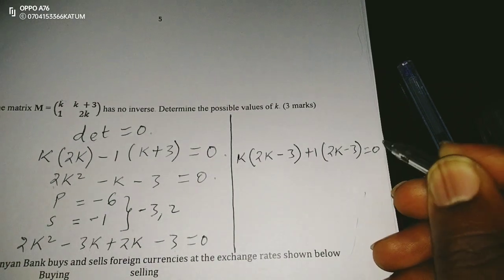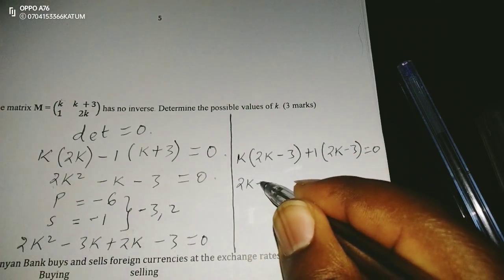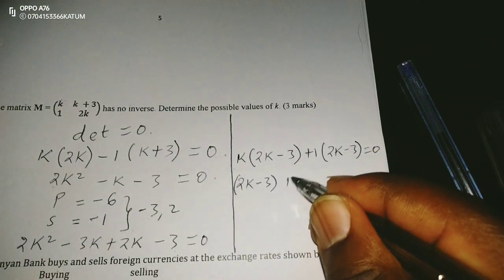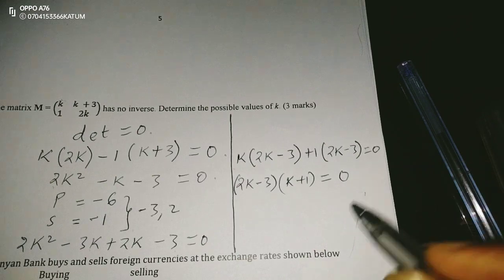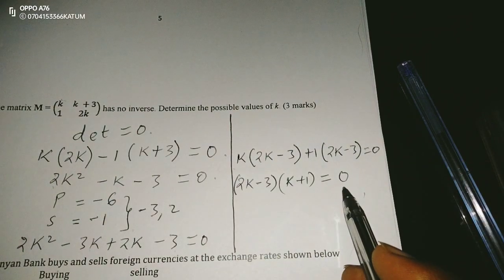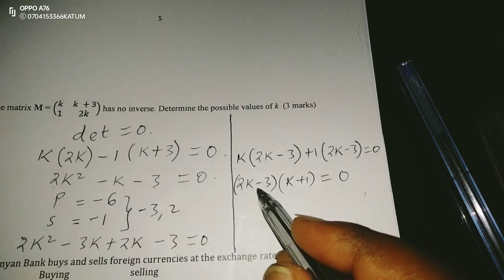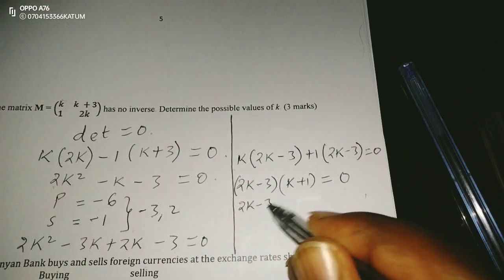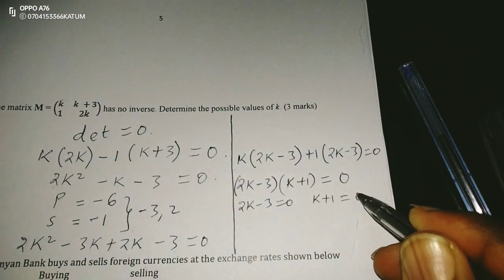So we pick 2K minus 3, then we have K plus 1 equals 0. So when we equate each factor to 0, like 2K minus 3 equals 0, and also K plus 1 equals 0.